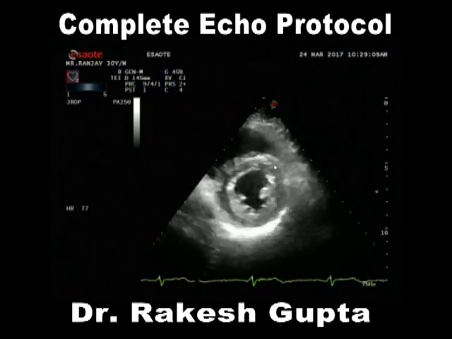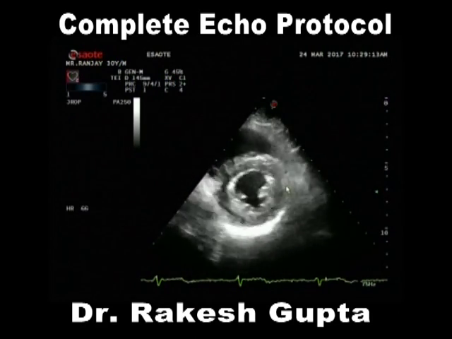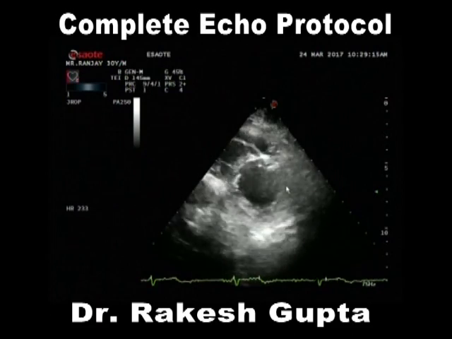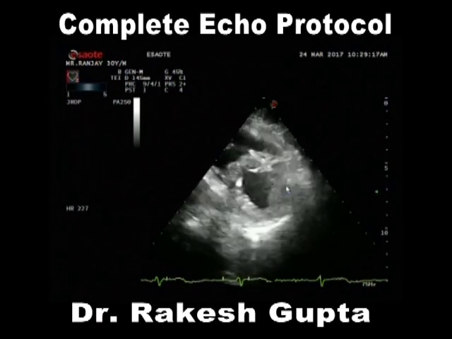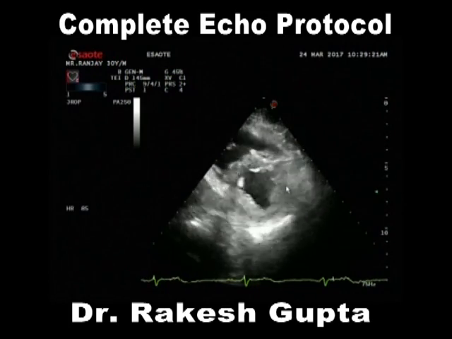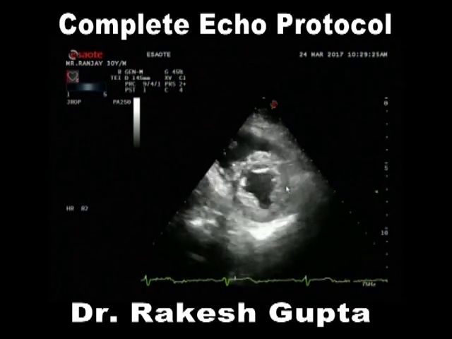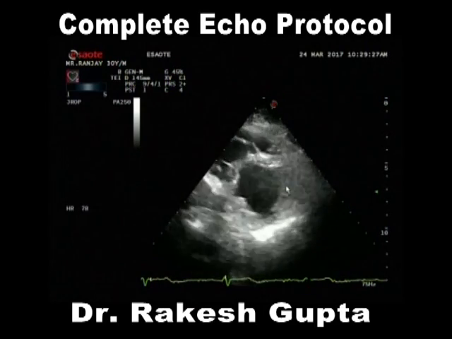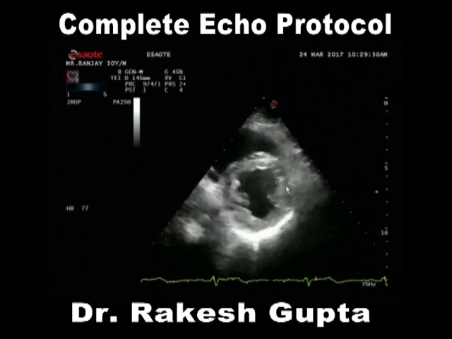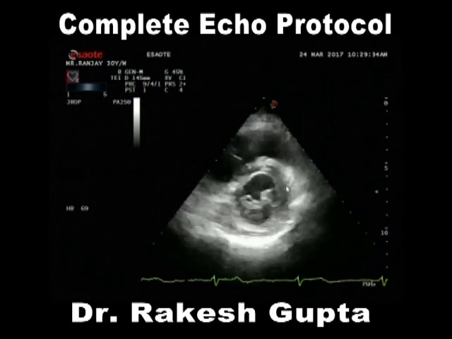We can look at all 6 segments of the LV again, 6 plus 6, 12, and then again the apical 4 segments, and all those 4 segments you can now say with confidence are being contributed by the LAD. So this is how we look for 2-dimensional imaging of the LV in short axis view.